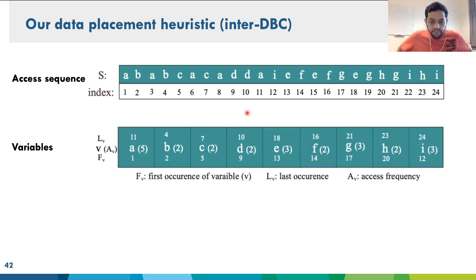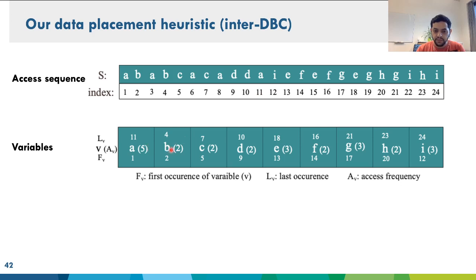Based on this information, we do the analysis to find the first occurrence, which we represent with FV, and the last occurrence of a variable, which we represent with LV, and of course we do the access frequency analysis, which we represent with AV. Here we show that A is accessed 5 times. It was first accessed at the first time instant, and its last access is at time instant 11.